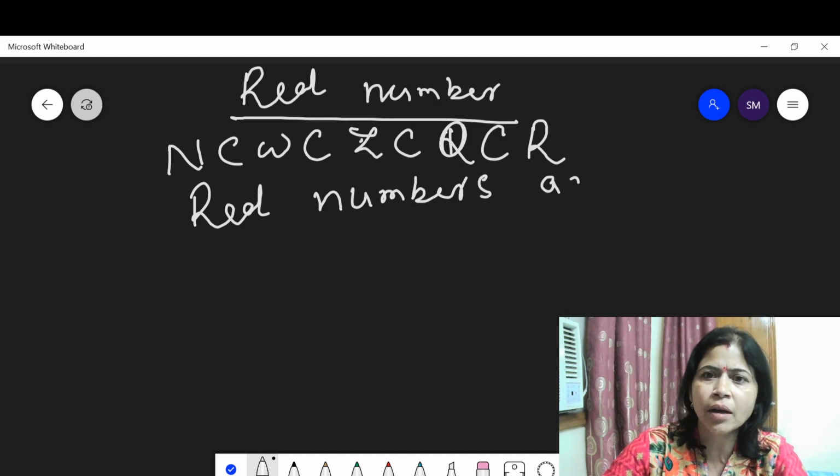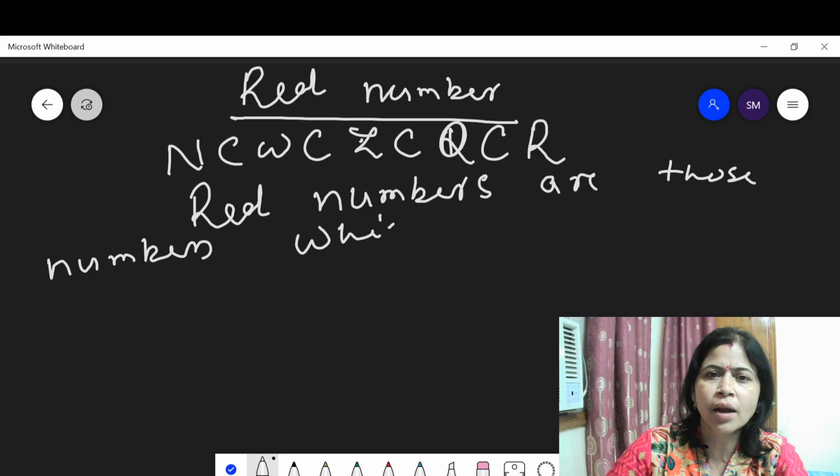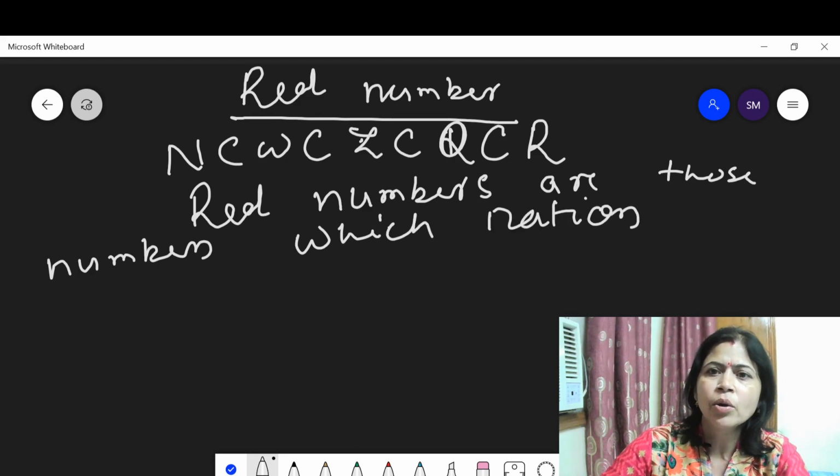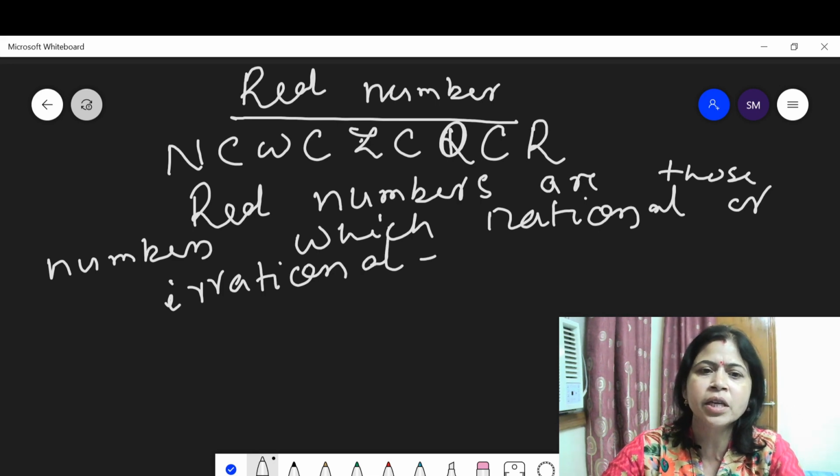Real numbers are those numbers which may be rational or irrational. What do you mean by a rational number? Rational numbers are those numbers which can be expressed in p by q form.